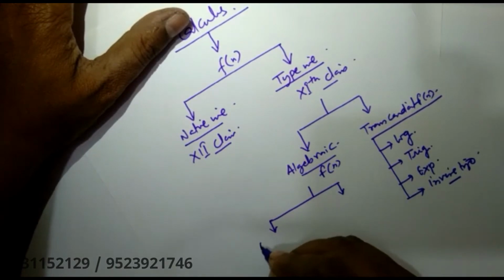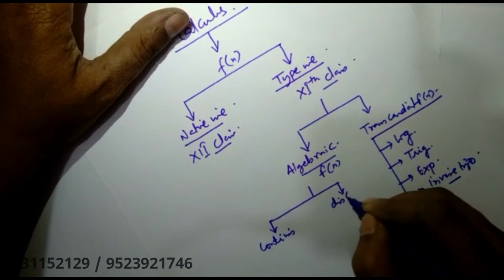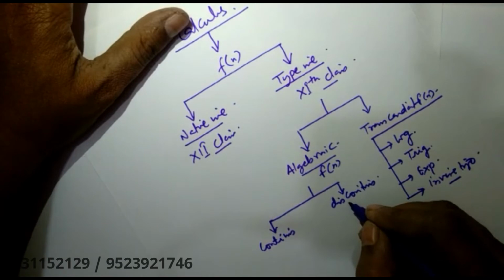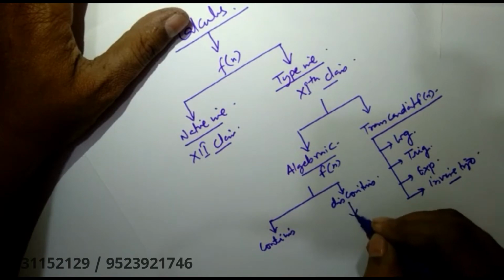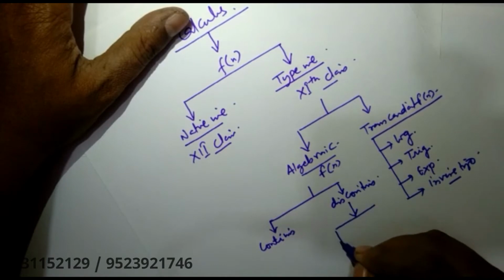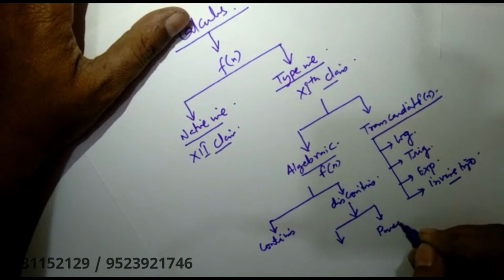First one is your continuous function, and second one is discontinuous function. Inside discontinuous function, mainly we have to discuss two types of function. First one is your piecewise continuous function.